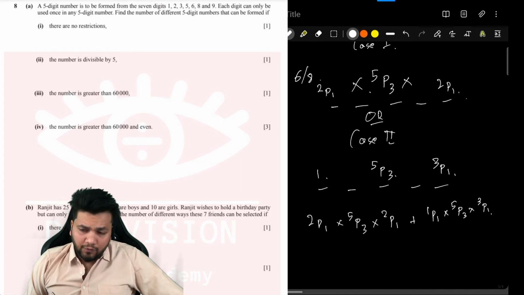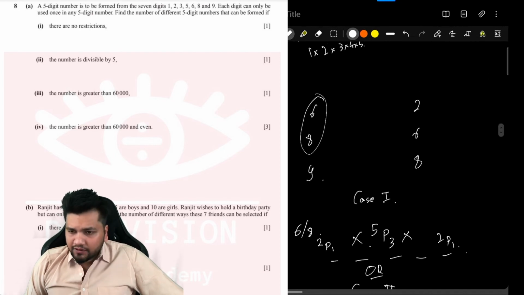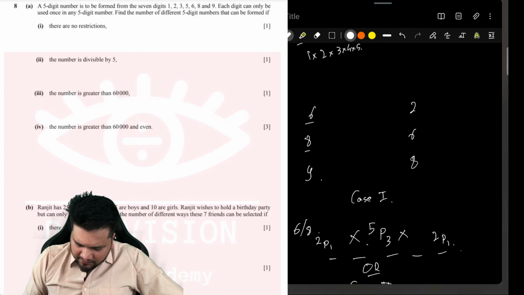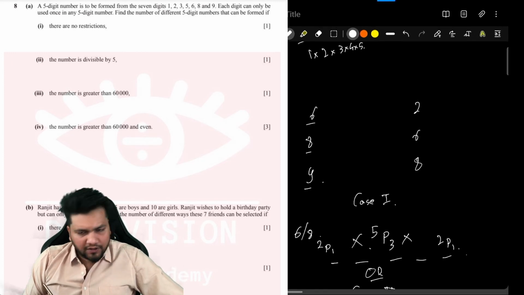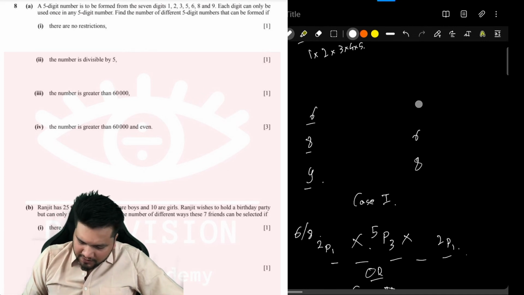Worst case, if you are not able to find the cases with even numbers, you can start with this condition: the number is starting with 6, the number is starting with 8, the number is starting with 9. I won't recommend it, but if you're not fine with the other way, you can do it.